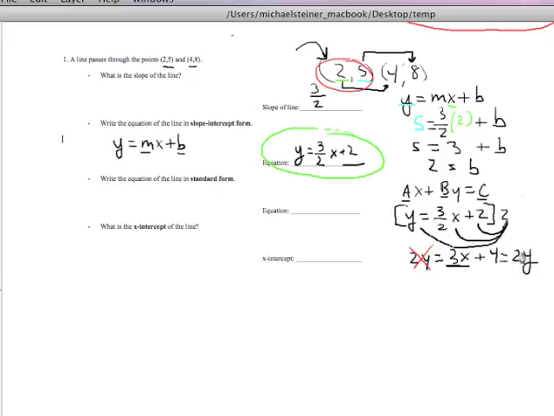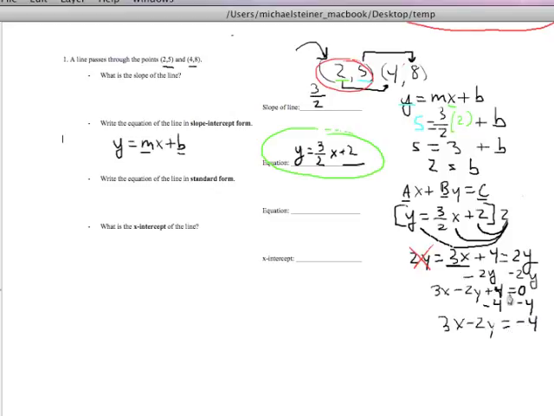Now, what if we subtract 2y? What are we headed towards here? We have 3x minus 2y plus 4 is equal to 0. You can see already, fast forward it if you can see it, because you don't want to watch me do this. Subtract 4 from both sides. 3x minus 2y is equal to negative 4.